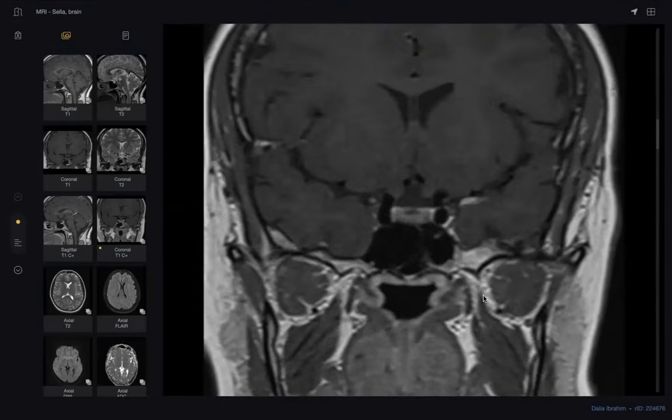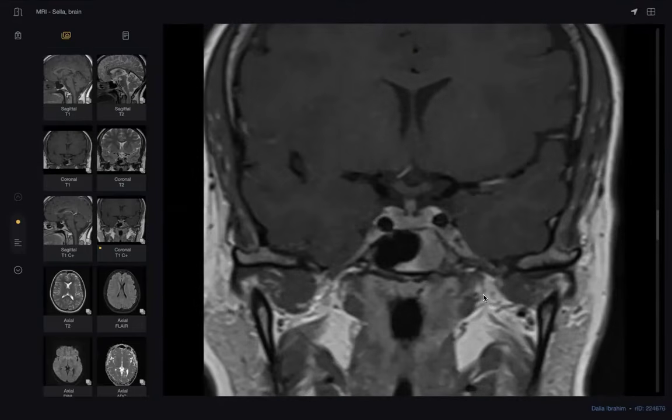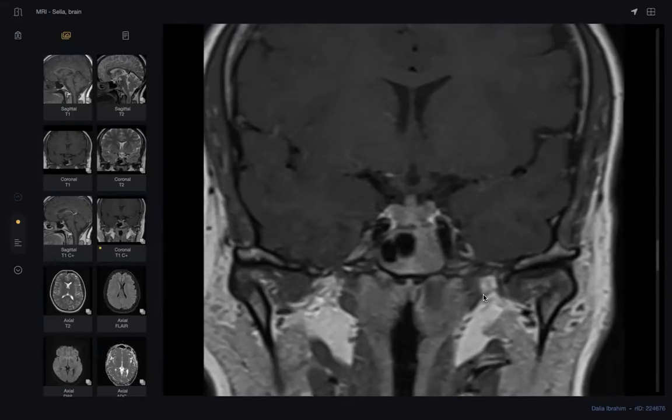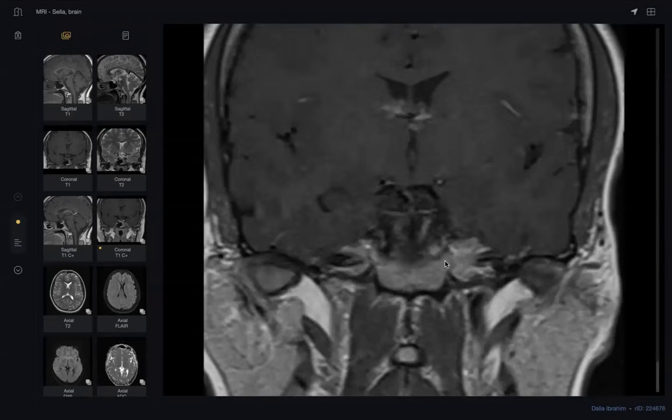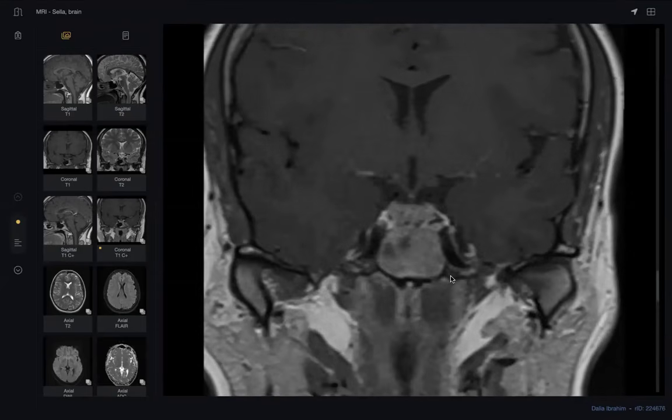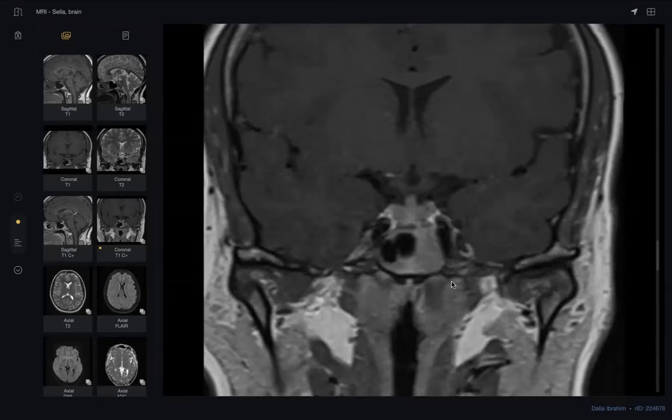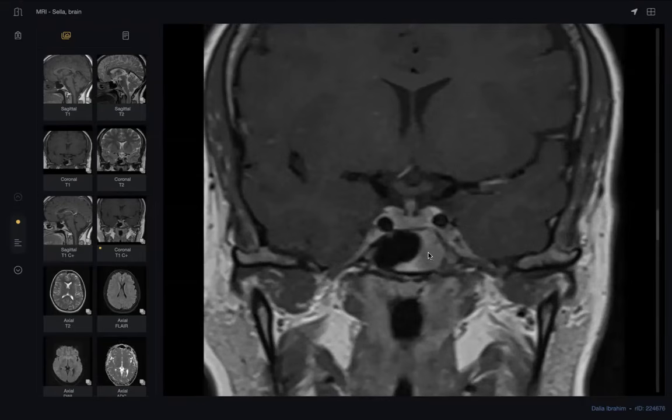I think there is heterogeneous enhancement of the gland here. Some areas are hypoenhancing compared to the rest of the pituitary gland. I'm trying to figure out if this is a macroadenoma, because on sagittal images it didn't look so. The pituitary gland looks of average size.